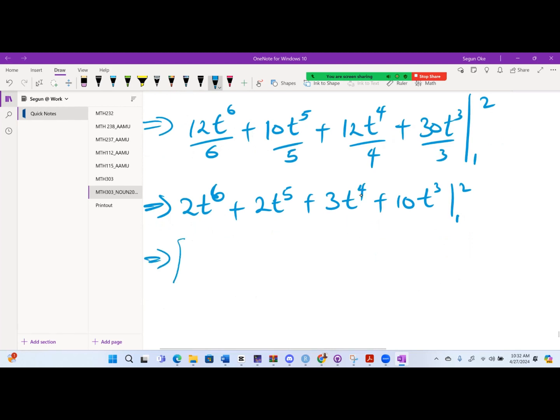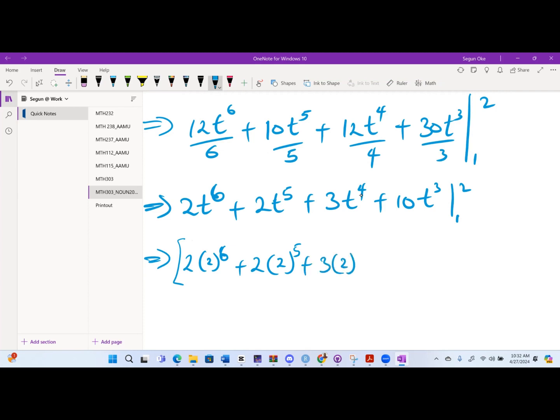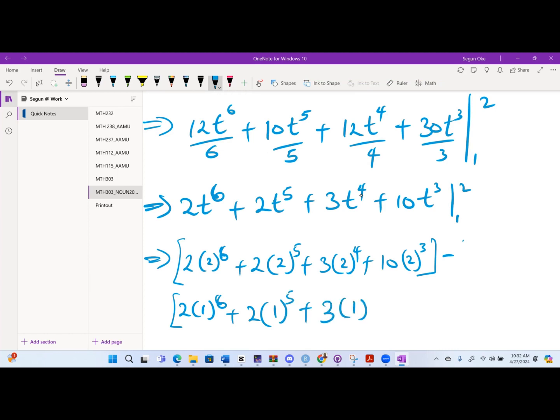So you have upper limit minus lower limit, making 2 of 2 to 6 plus 2 to 5 plus 3 to 4 plus 10 to 3, minus lower limit: 2 of 1 to 6 plus 2 of 1 to 5 plus 2 of 1 to 4 plus 2 of 1 to 3.